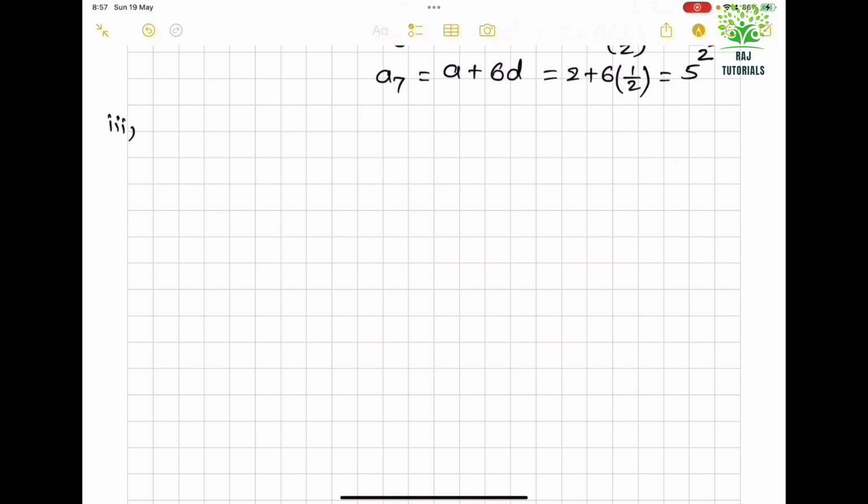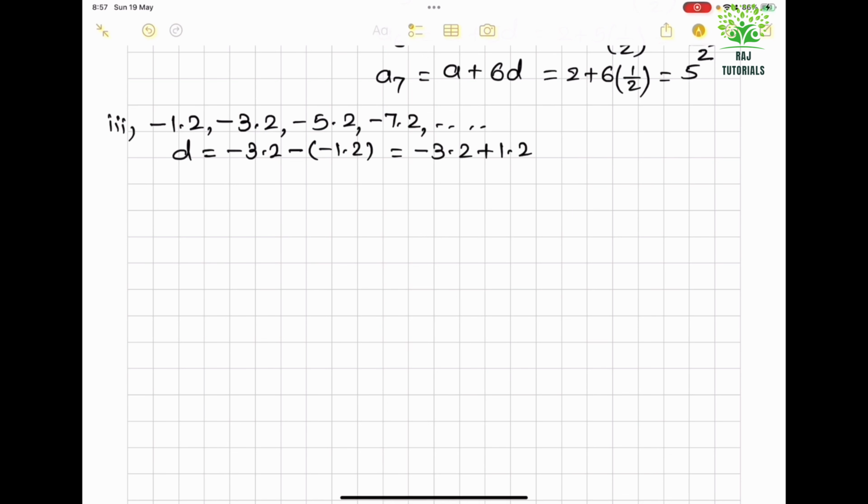Third one, minus 1.2, minus 3.2, minus 5.2, minus 7.2, and so on. So D is minus 3.2 minus 1.2. So that is minus 3.2 plus 1.2. So that is minus 2. Then minus 5.2 minus of minus 3.2, minus 2. Then minus 7.2 minus of minus 5.2.